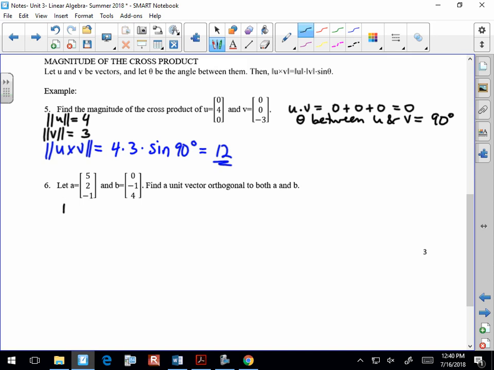So, i, j, k, 5 to -1, 0, -1, 4. Oh, sorry. Determinant.